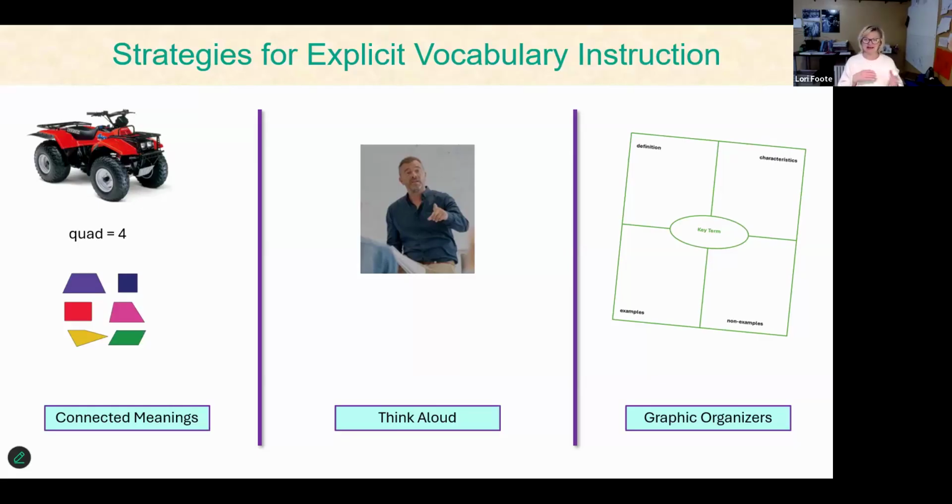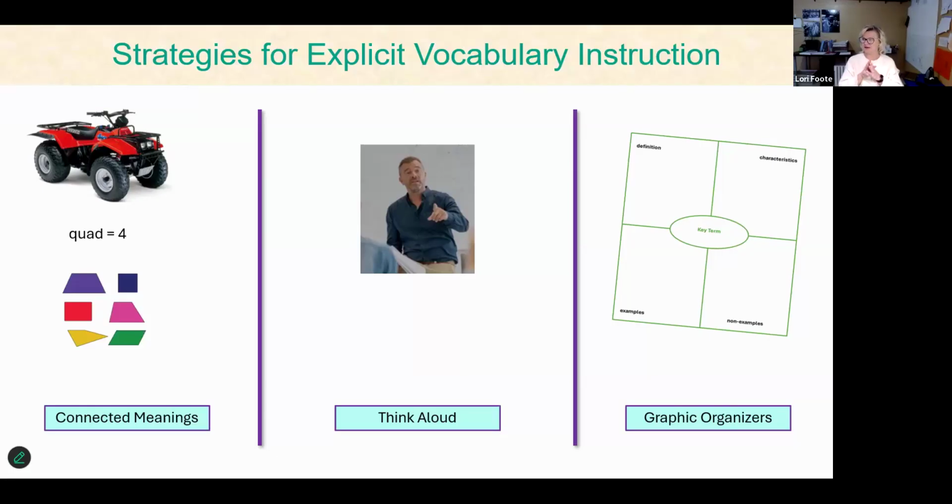Trying to use any connections between words is really helpful. When you have students who speak Spanish, many of the words will be similar, and I think they call those cognates. If you're aware that some language learning is going on, and the student's own language could help support learning the new language, certainly make connections between those.